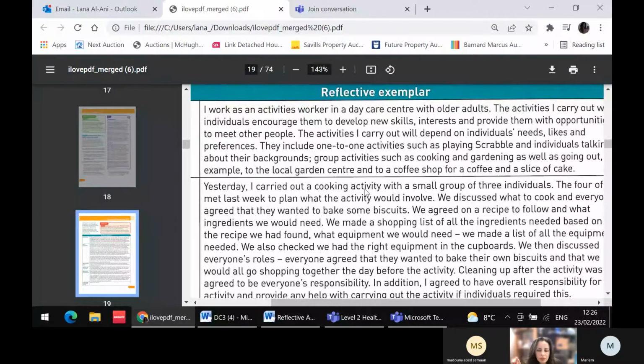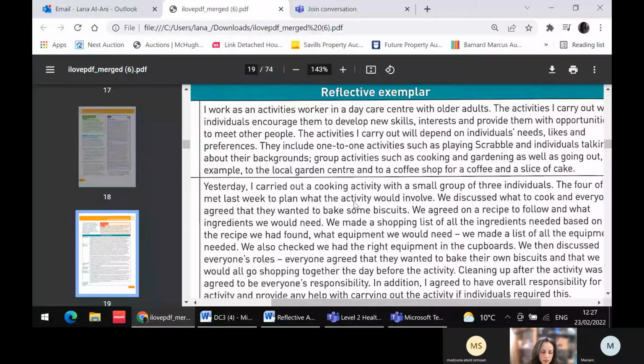Singing is not really liked by, for example, Islam. Then you realize that next time you might have to provide different types of activities to suit everyone, because not everyone can participate in the singing activities. Okay, so this is how you reflect on your own work.